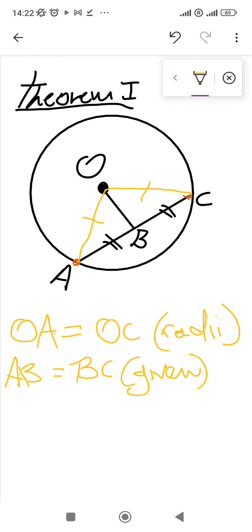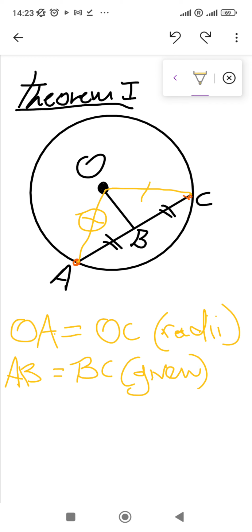So we said this one and this one, and then we also said this one and this one, and then we already spoke about these triangles. There's a triangle formed, ABO and CBO. Those two triangles are formed because these are the same length.